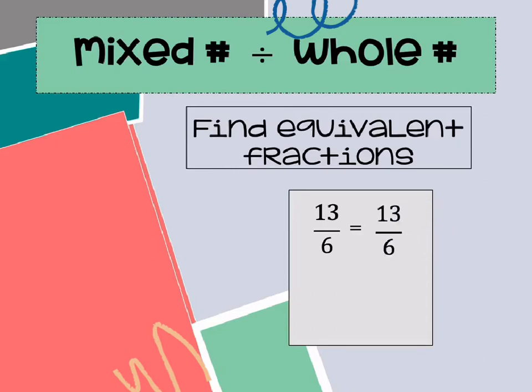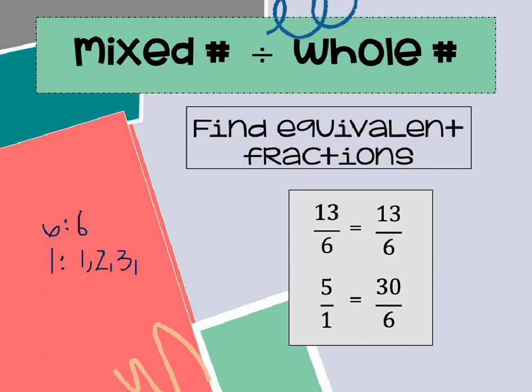We have 13/6, and 5 over 1. And we know that if we find our LCD, our least common multiple of 6 and 1, all we're doing is adding that number however many times until we find the least number that they share.